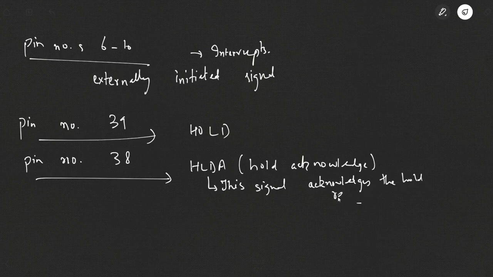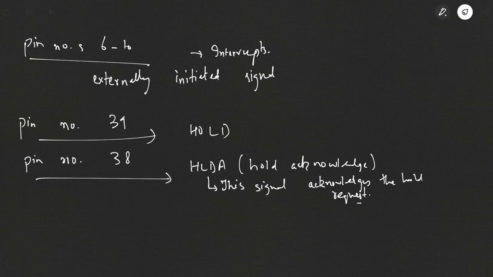So in the T-hold state, the direct memory access, or any external device, is allowed to override the microprocessor and take over its address lines, control lines, and data lines. To acknowledge this, we have pin number 38 and pin number 39.